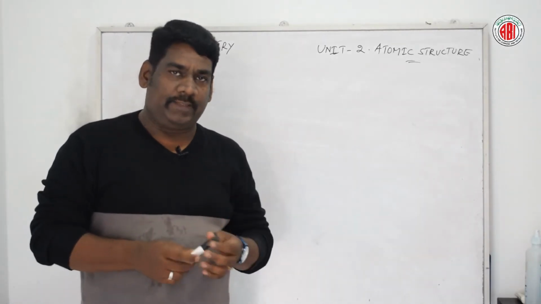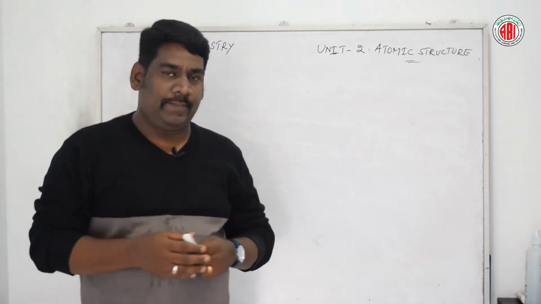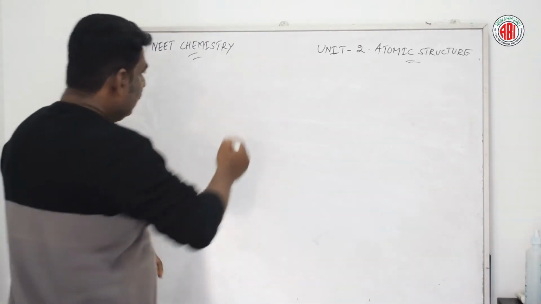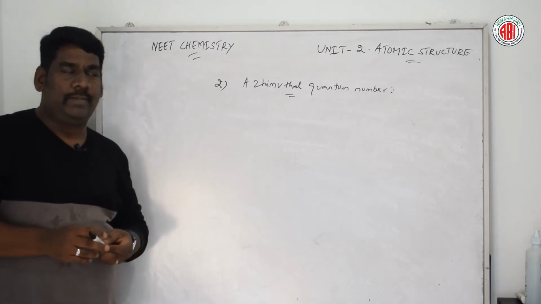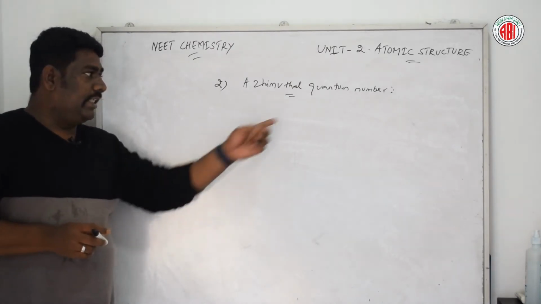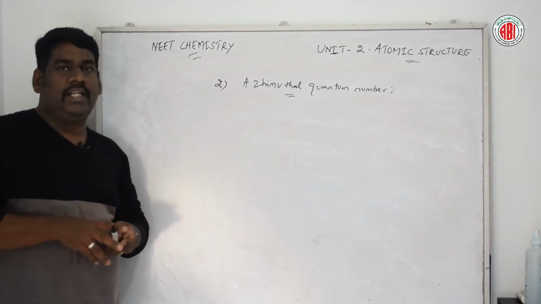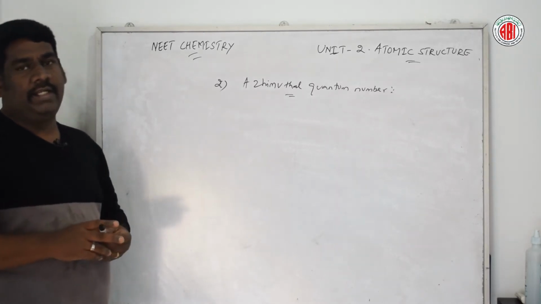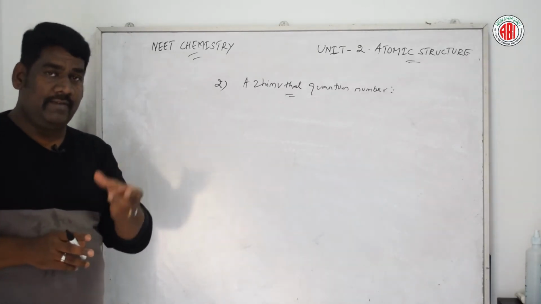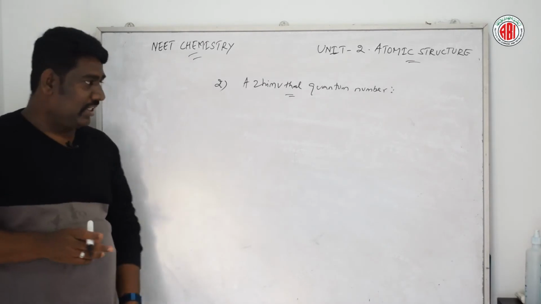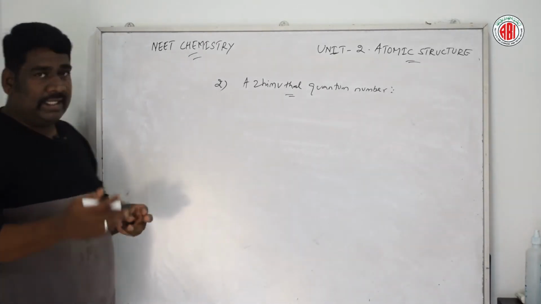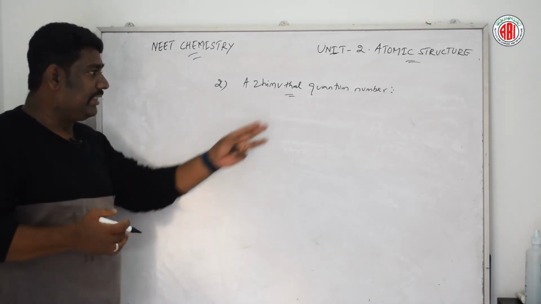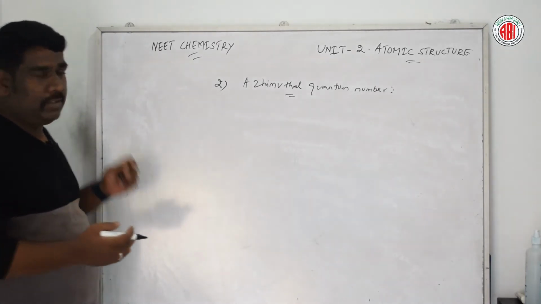This table explains the azimuthal quantum number in detail. Actually, the azimuthal quantum number describes the different subshell levels present in the atomic structure. Now let us talk about the link between the azimuthal quantum number and the principal quantum number.